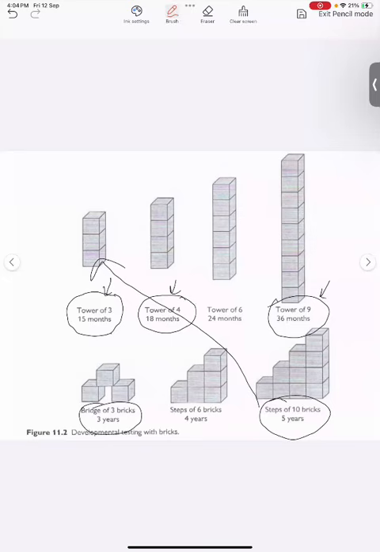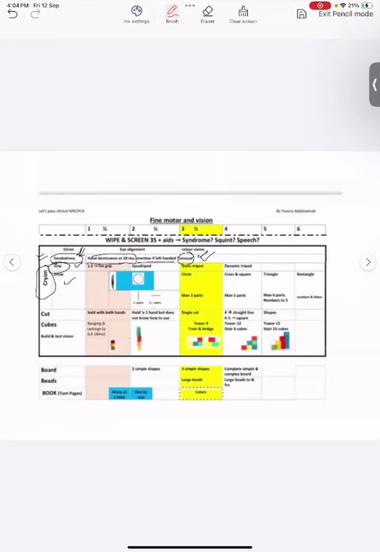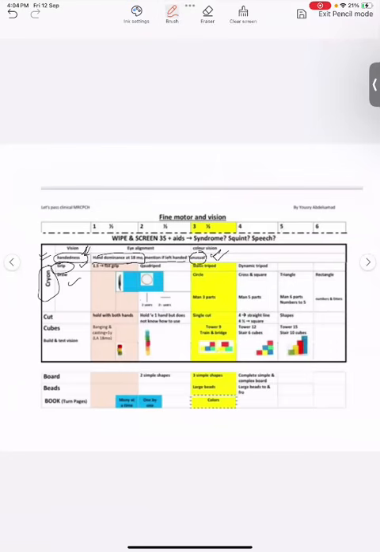Okay. We have done all the C's, that is the crayons, cubes, and the cut. This table is very easy and important. If a single cut is present, he holds with both hands, or holds with one hand, but doesn't know how to use it, so the child is between 2 and 2.5 years. Okay.